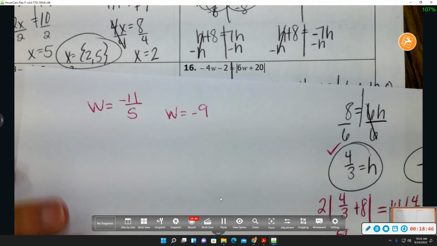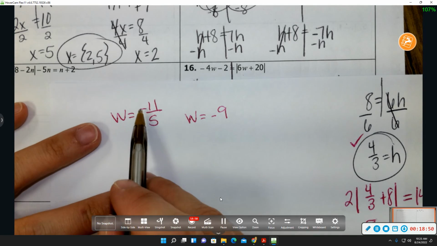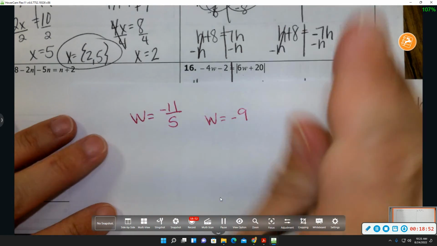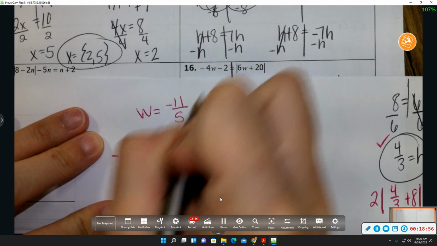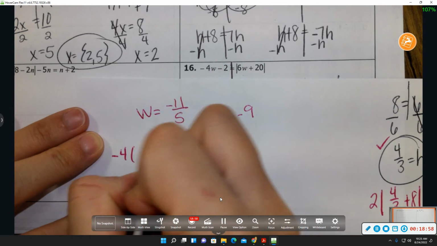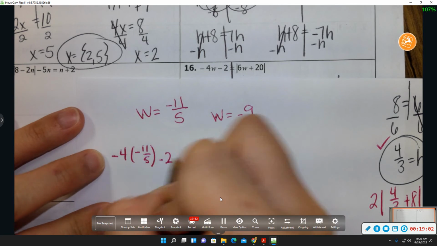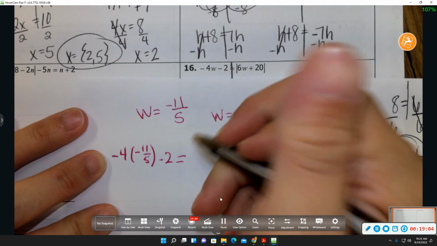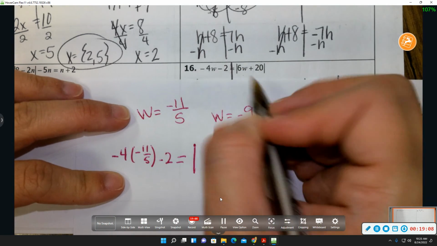Okay, so I'm going to check W equals -11/5. So whenever I do this, I'm going to plug it into the left. So -4W, my W is this, equal to, we have the absolute value. I'm going to go back and use the same W that I used on this side.